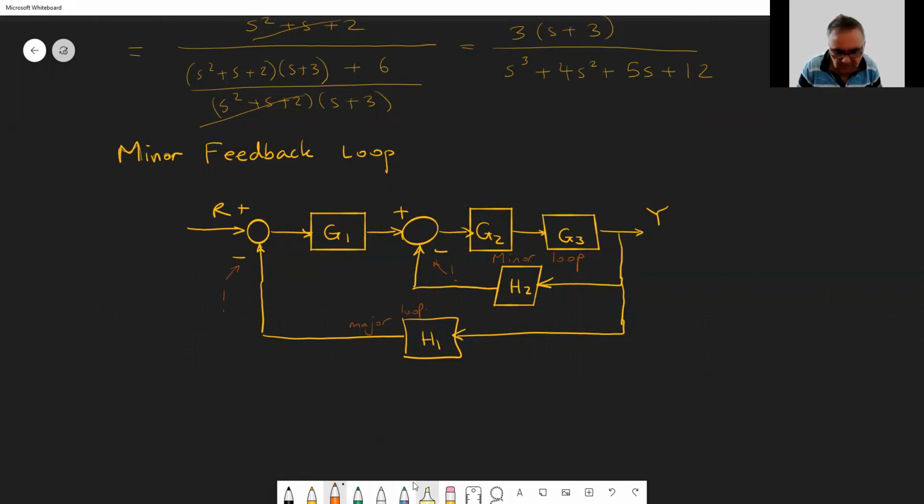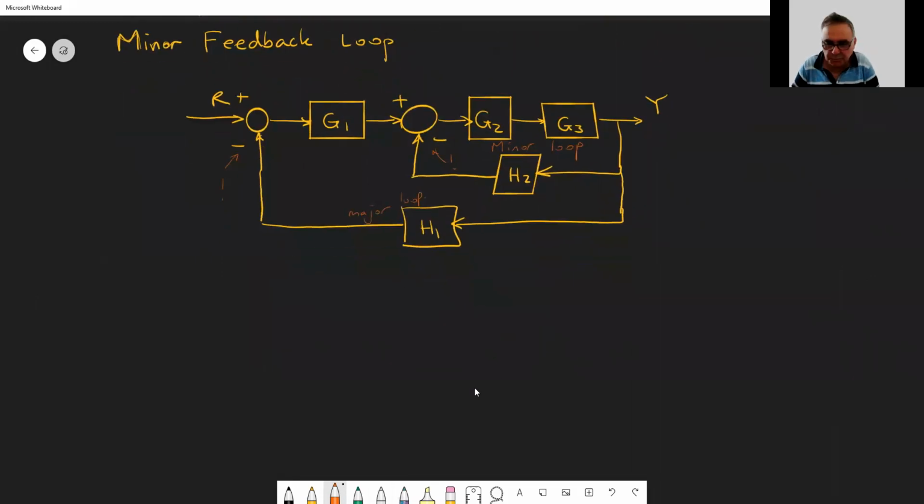So if you analyze this, the minor loop, for example, we can find that, let's call this thing M, so that the M is the input to this system.